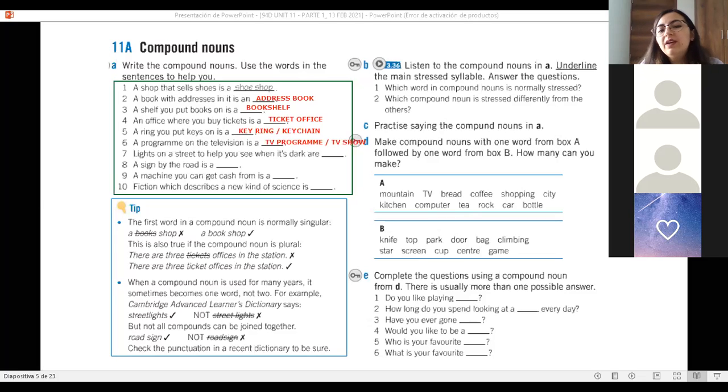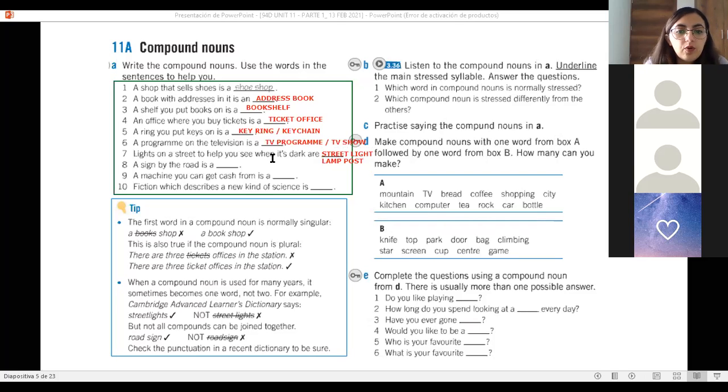Very good. So we have two words right here. Aquí tenemos dos opciones. We have street light and we have lamppost. Very good. Both of them mean the same and both of them are compound nouns. ¿Sí? Las dos significan lo mismo y las dos son pues sustantivos compuestos.